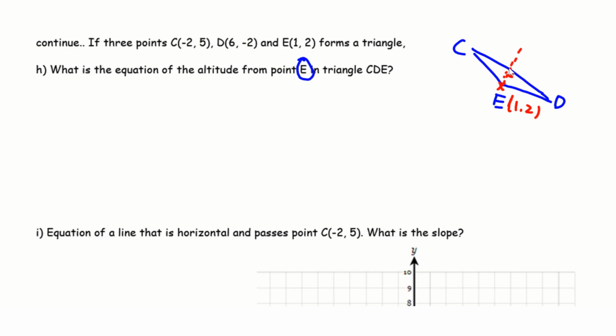We want to use the perpendicular to find the slope of this altitude. For CD, we have it done already, rise over run. Or we could do it again with y2 minus y1 over x2 minus x1. The rise is down 7. And this one, subtracting, you are going to have up 8.